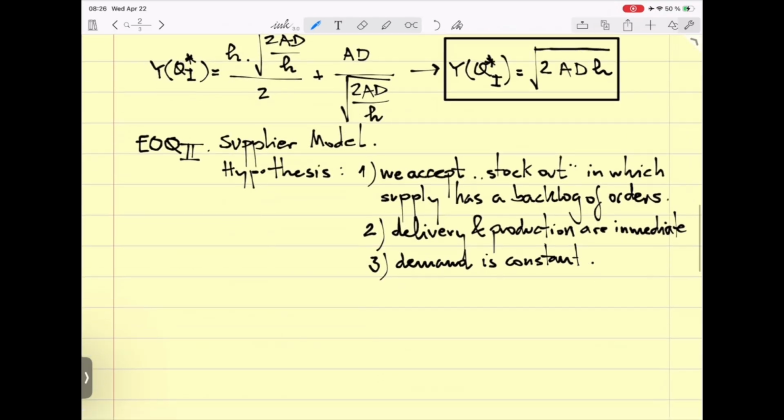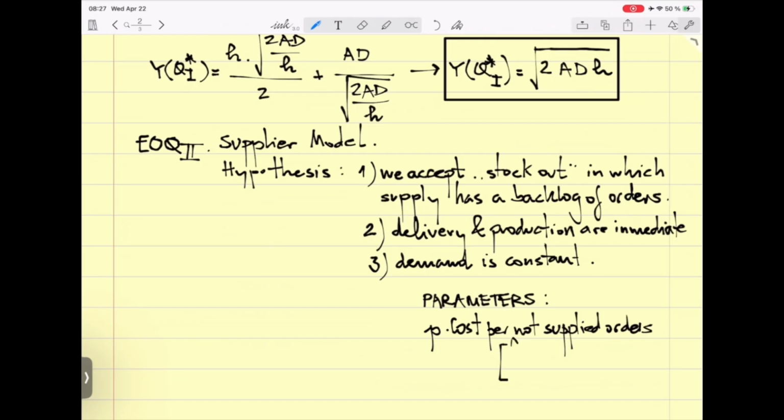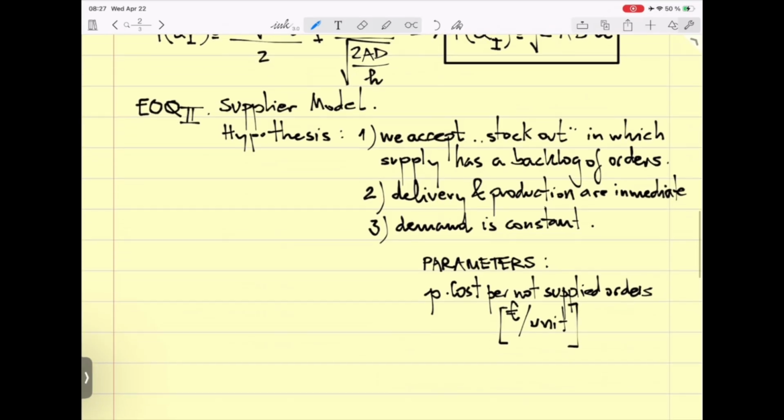The new parameters we need are P, the cost associated to not immediate delivery, the cost per not supplied orders. Some customers might not wait for us to deliver and they might go to the competition. If we cannot deliver, they go.